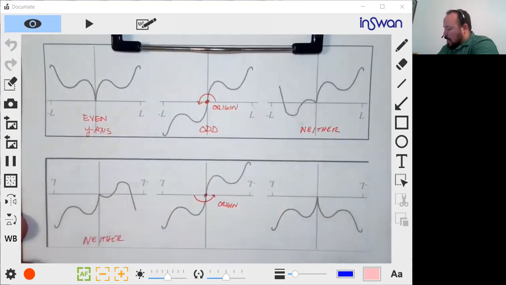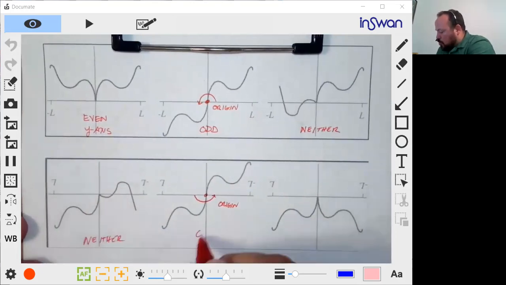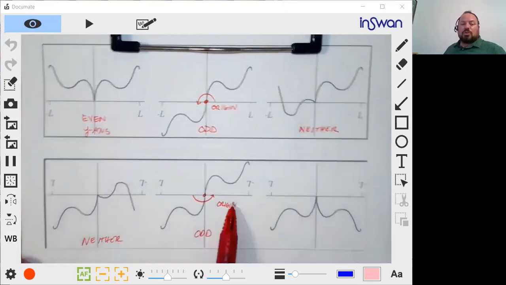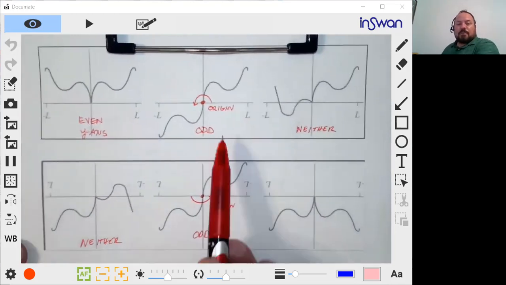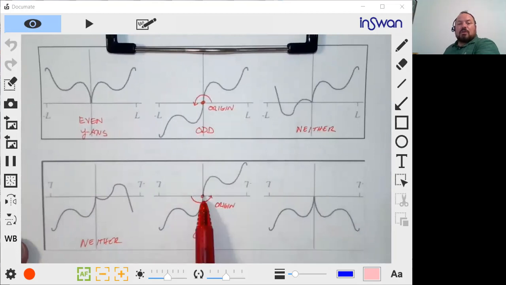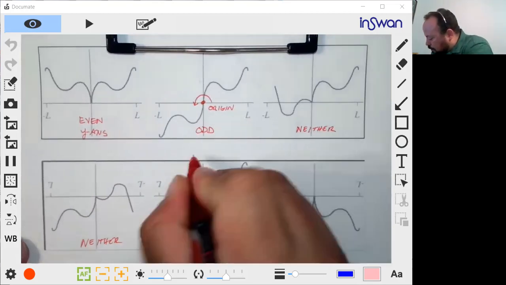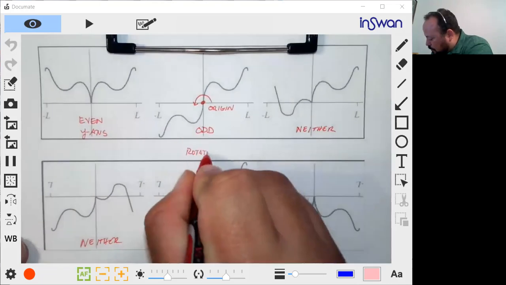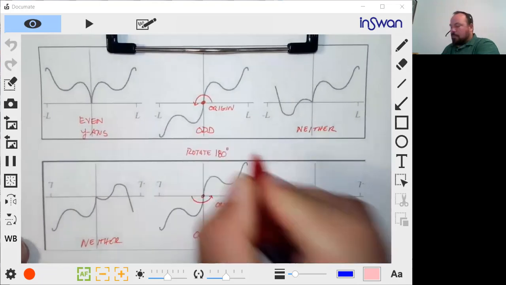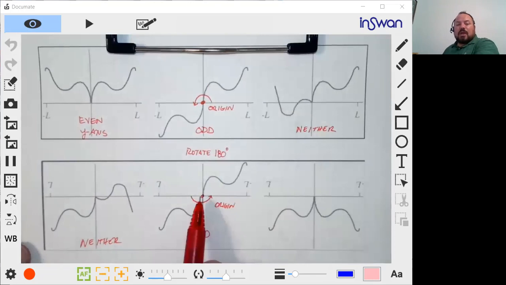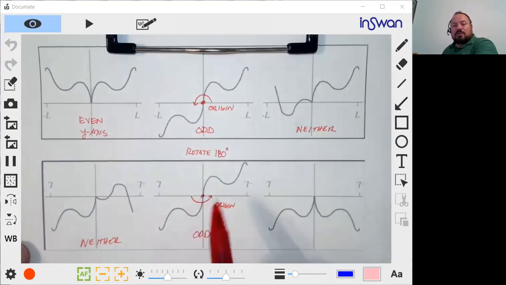I do have odd symmetry for the graph that had that symmetry in the origin, because the graph up here and the graph down here, when I rotated 180 degrees about this origin, look the same.